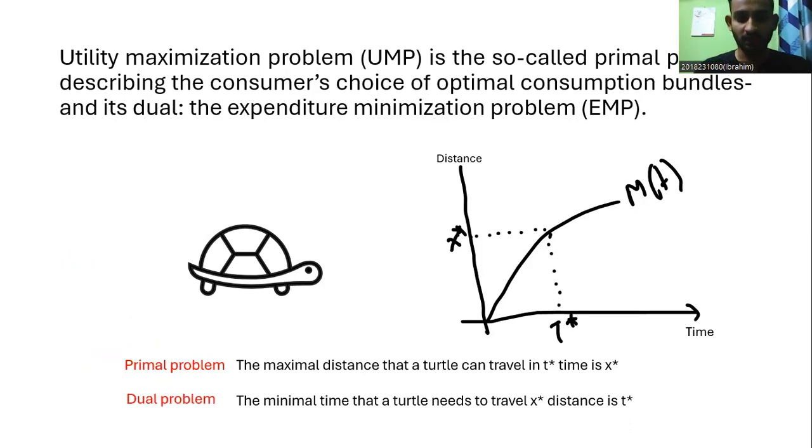I hope you all get a basic idea about the dual problem and the primal problem. It will be helpful for our consumer theory, because there is duality in consumption theory. Let's take a deep dive into consumer theory. If our budget, that is our money, is fixed, and utility maximization is our goal, it is the primal problem.